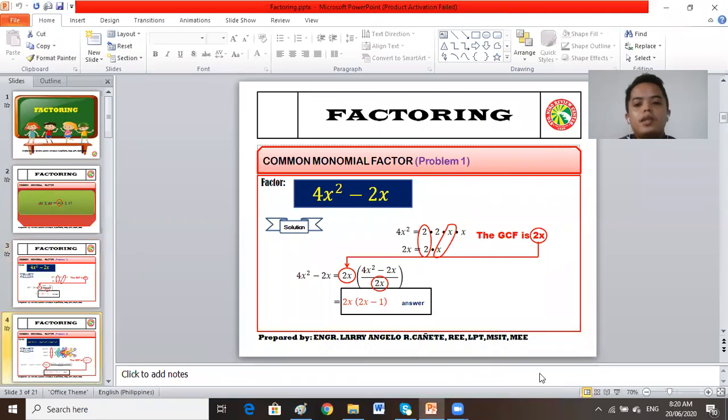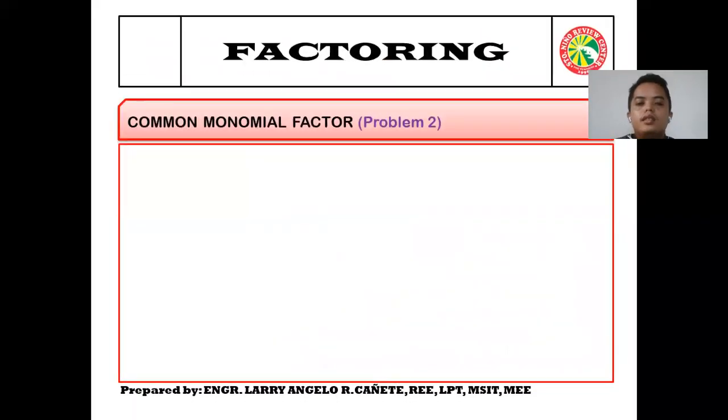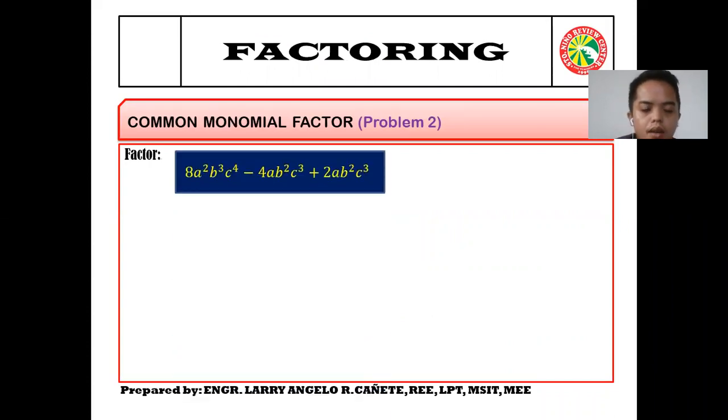Another example is this one: 8a squared b cubed c to the fourth minus 4ab squared c cubed plus 2ab squared c cubed.